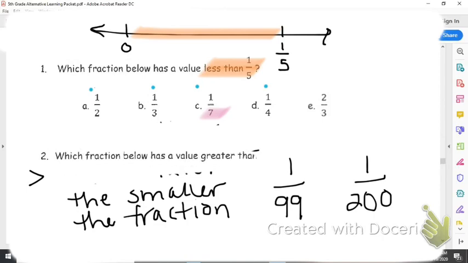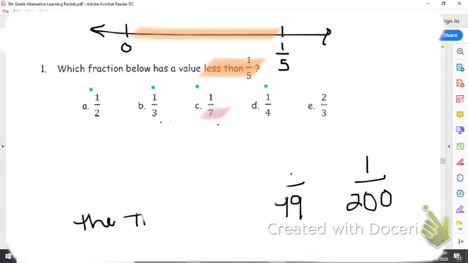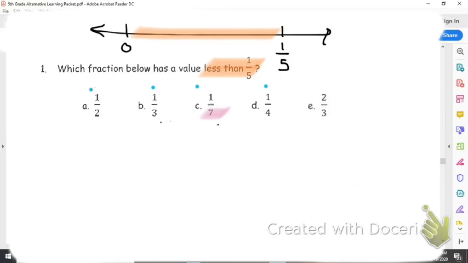All right, so let's go back to the question. The question was, which ones have a value less than 1/5? Okay, so that means that 1/2 is greater than 1/5. So is 1/3. That's greater than 1/5. 1/4, that's going to be greater than 1/5.